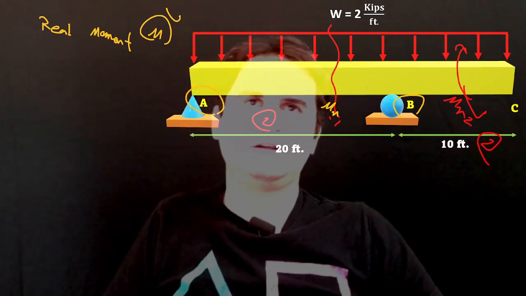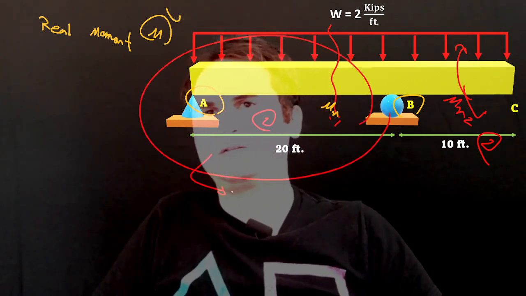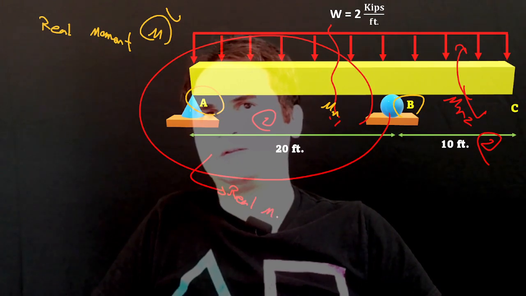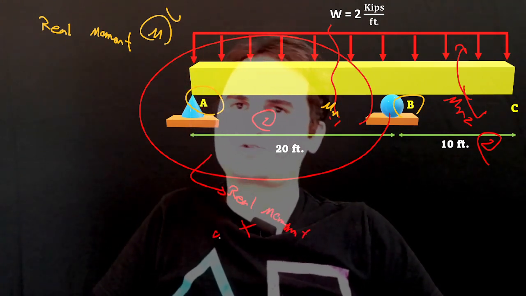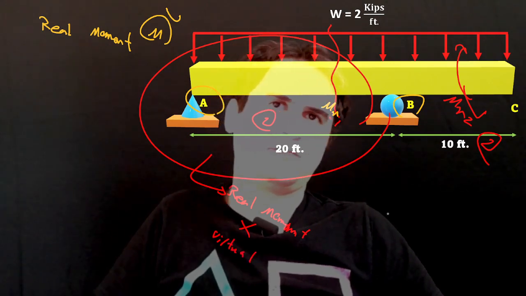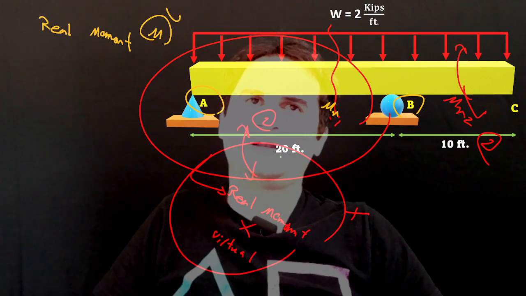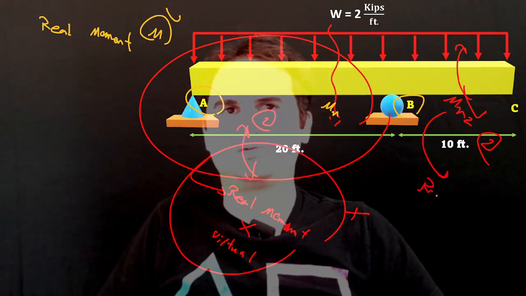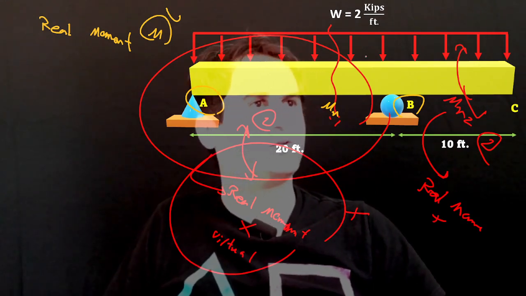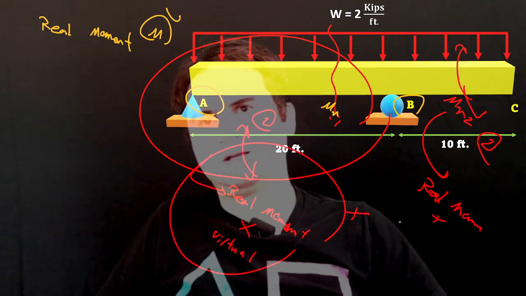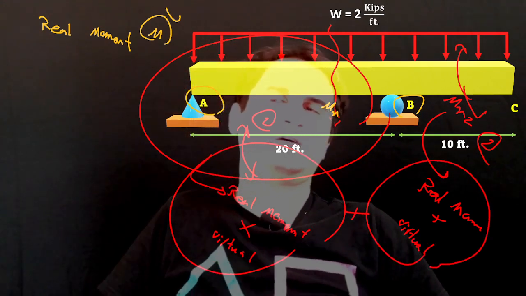So for each part we have to calculate the real moment times the virtual one. That is for the first part, and then for the second part we also use the real moment, which remains the same as in the first part due to the actual loading, times a virtual one, which is different.